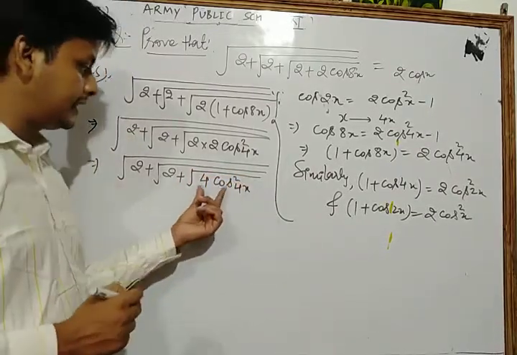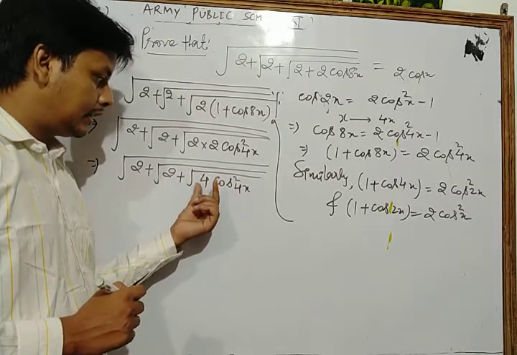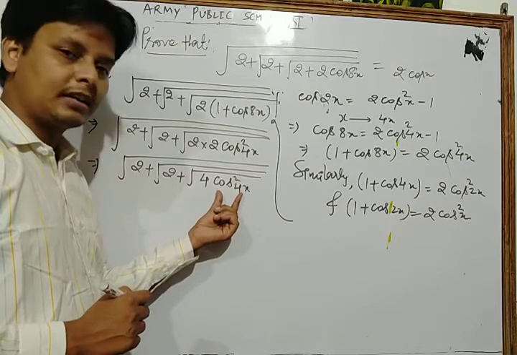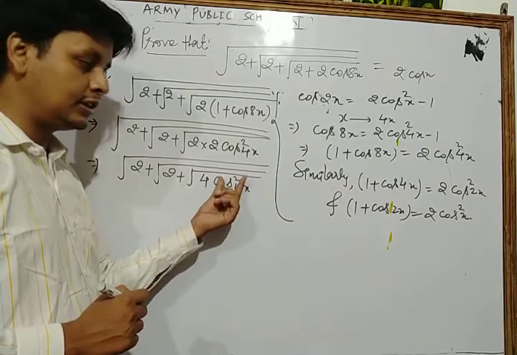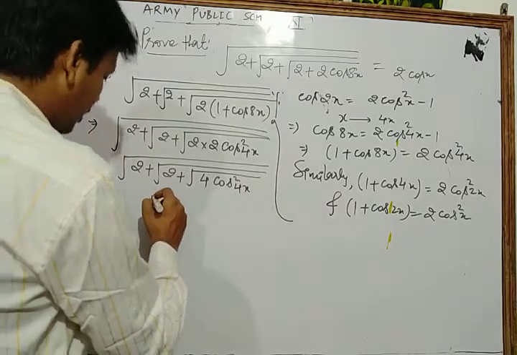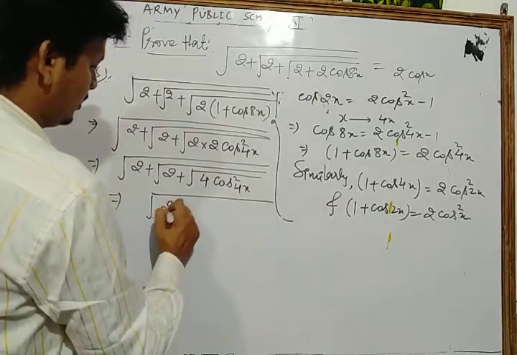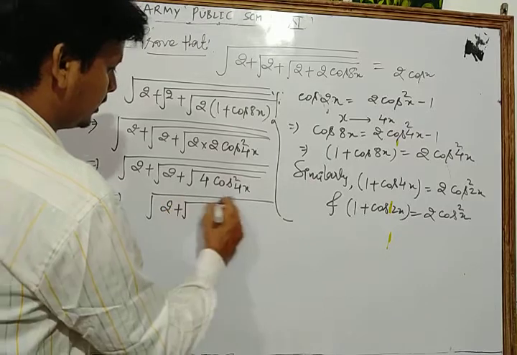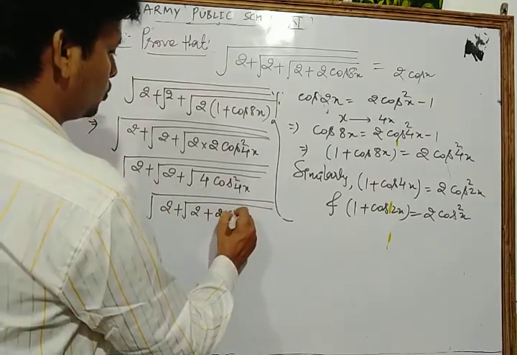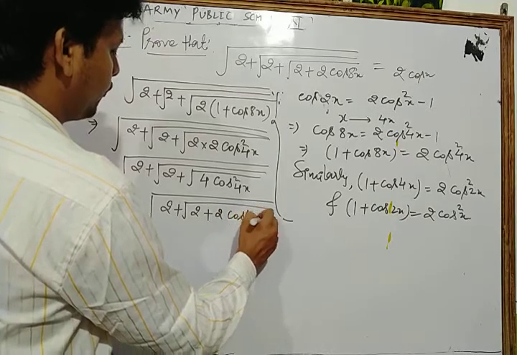Now we take 2 cos 4x common, because it is a square under the root. So we get 2 plus square root 2 plus 2 cos 4x.